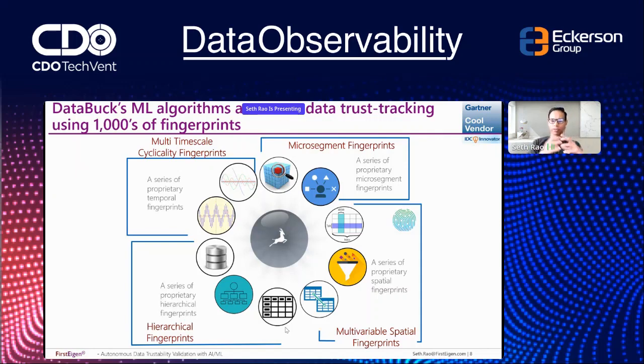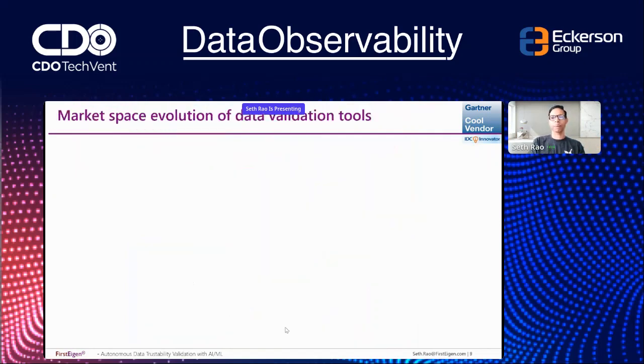And it creates all of that into a cohesive, complex fingerprint and uses that fingerprint to validate the data consistently. Any violation from that expected fingerprint is a data issue. So it eliminates the need to write rules. It automatically figures out what is acceptable and what is not using its fingerprints.